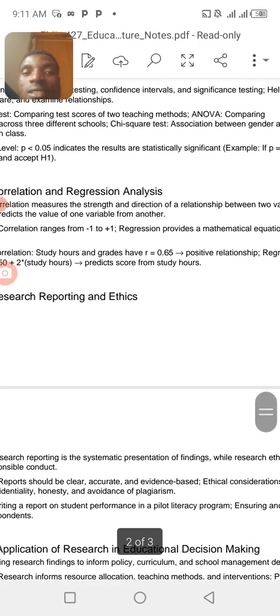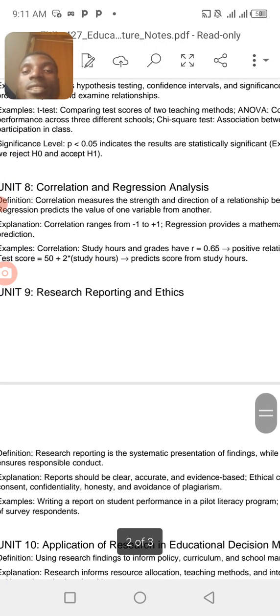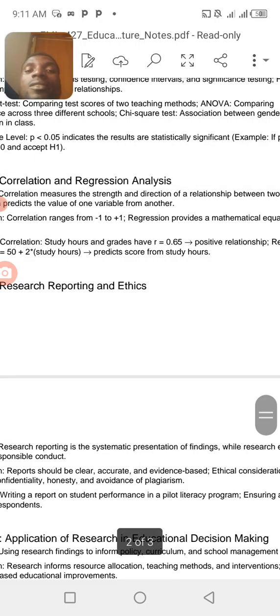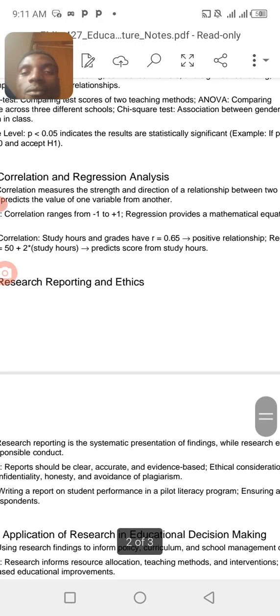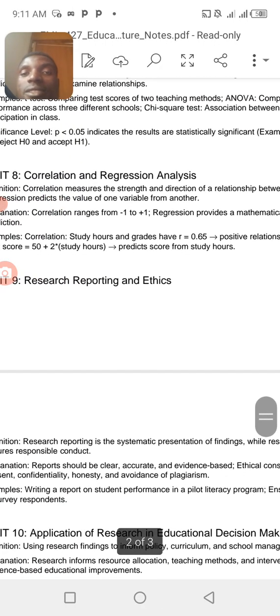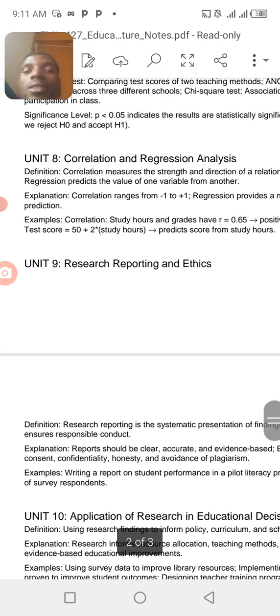Do you understand? So if the significance level P is less than 0.05, it indicates that the results are statistically significant. For example, if P is equal to 0.03, we reject the hypothesis.